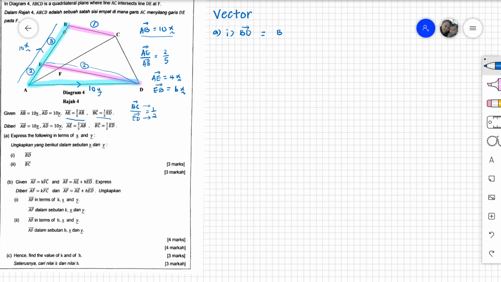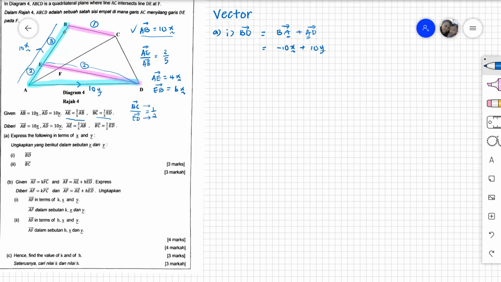Normally I will break it into two parts: BA plus AD, because A is the common bridge that links B and D. The reverse of BA will be negative 10x and AD will be 10y.